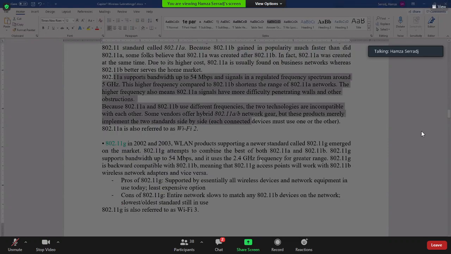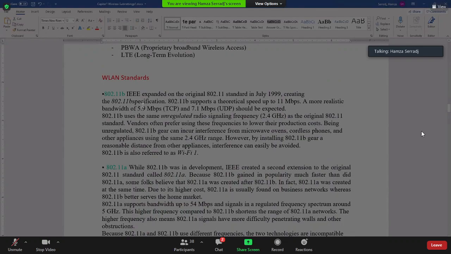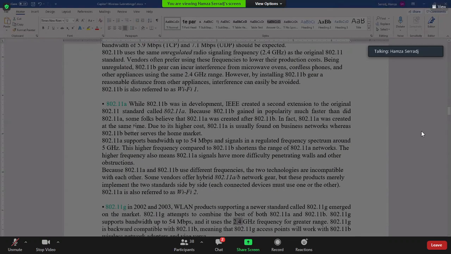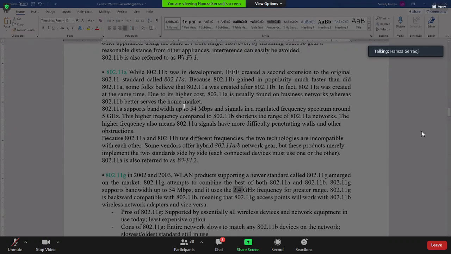So G is mainly the advantages of B and A merged together. Since it worked in 2.4, it was backward compatible with B, but it wasn't compatible with A. So the A is still an orphan by itself.